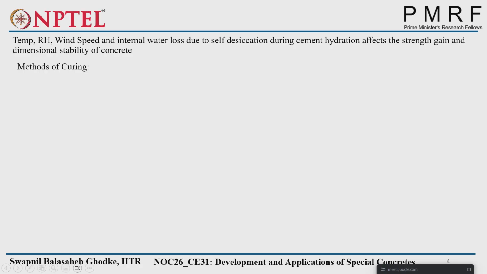Internal water loss. Internal water loss means whatever water is available in the concrete will be used for hydration purposes, right? That is called self-desiccation during the cement hydration, and it affects the strength gain and dimensional stability.